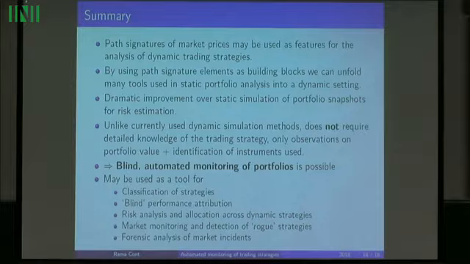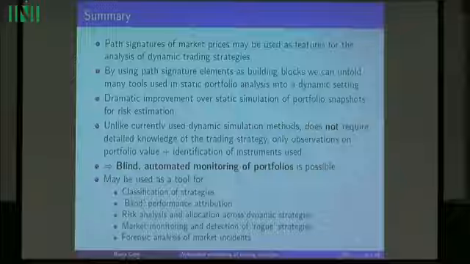And I showed you through an example how it can be used to dissect a dynamic strategy, really understand what's going on here, and it leads to a strong improvement in the accuracy of loss simulation methods, because you're accounting in some way for the variations in portfolio weights. And the most important thing is that to do this, you do not need to know the details of the strategy.